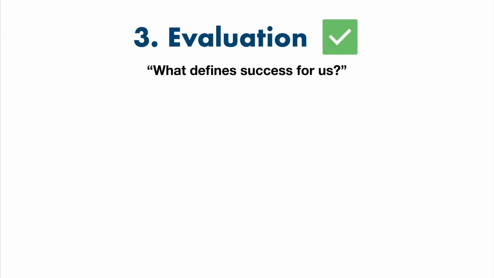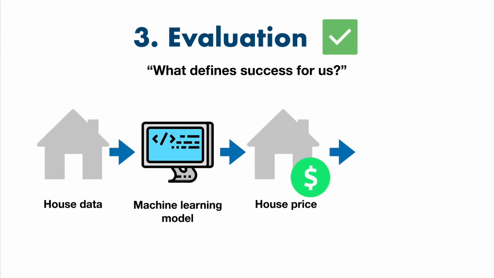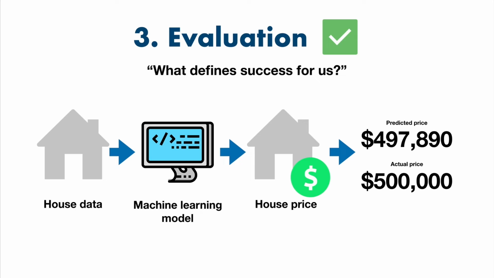Instead, we begin by saying, for this machine learning real estate project to be feasible, we need at least a 95% accurate model at predicting the cost of houses. Of course, in the beginning, this evaluation metric won't be exact and will likely change over time, but having this at the start of a project gives us something to aim for.